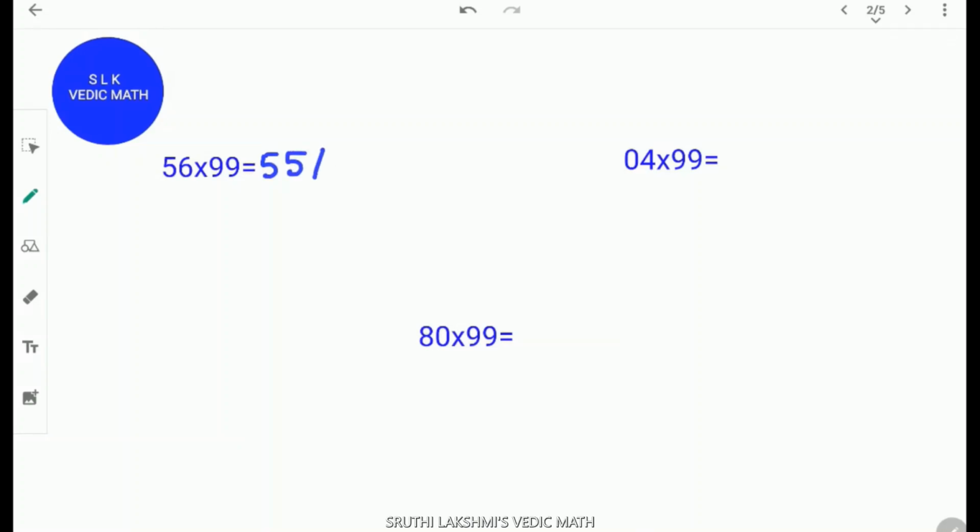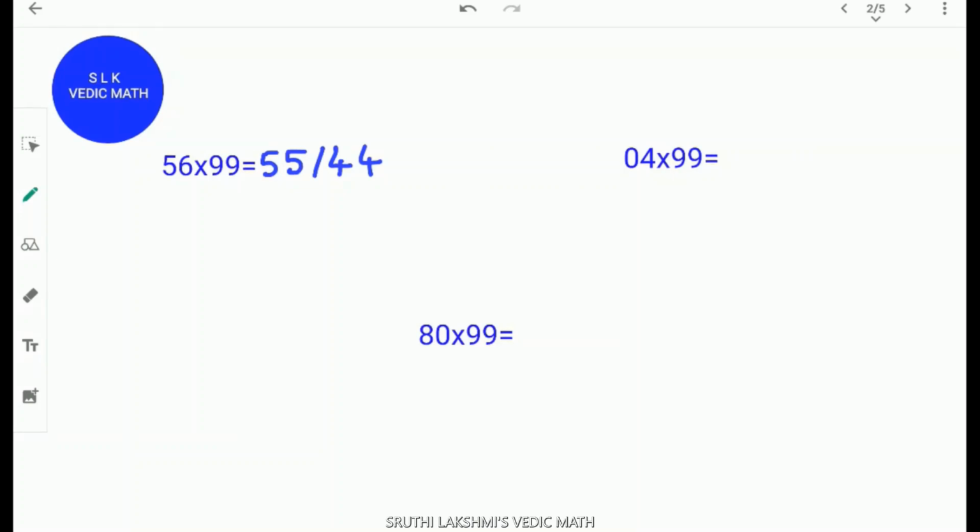Next, you need to know what 5 plus what is 9. 5 plus 4 is 9. Write down the 4. Next, do 5 plus 4 is 9. Write down the 4. 56 times 99 is 5544.